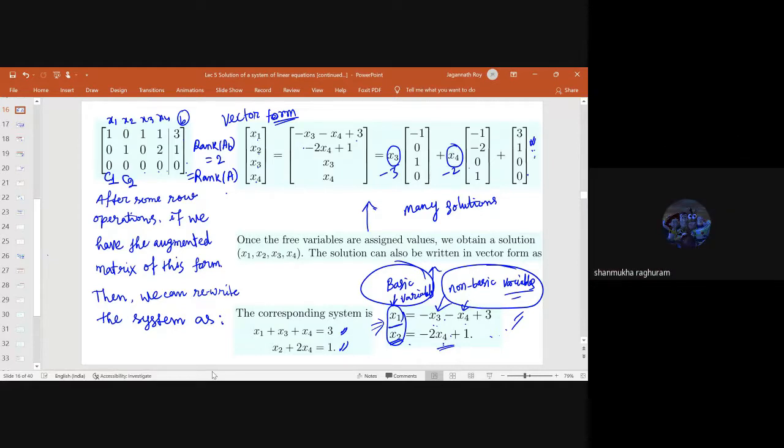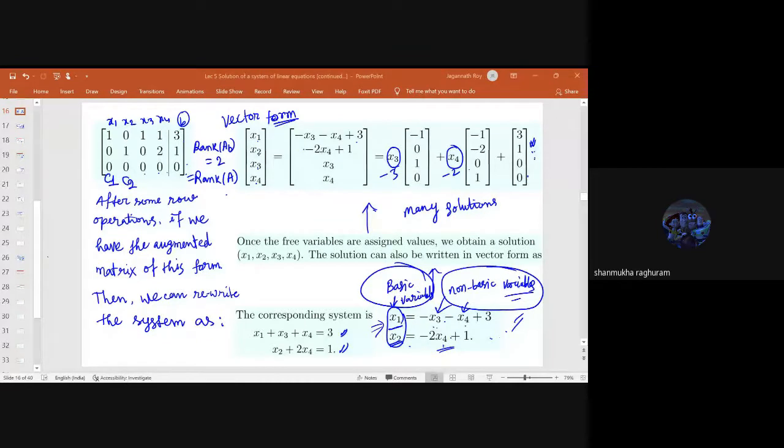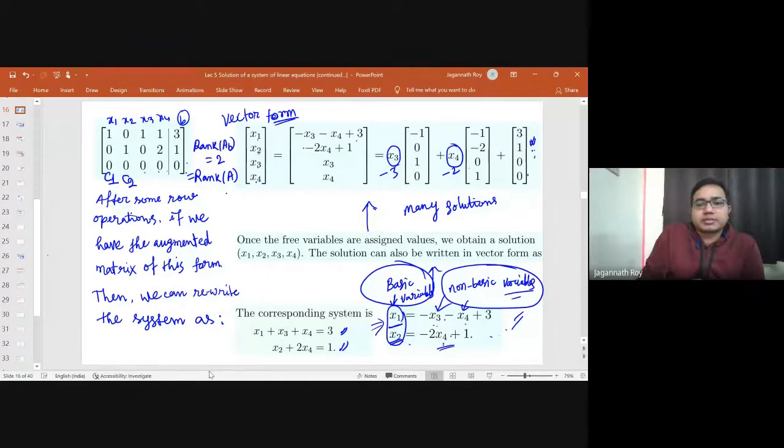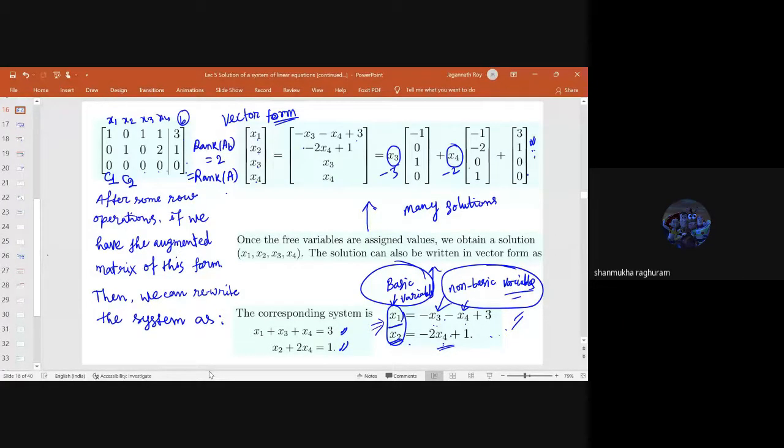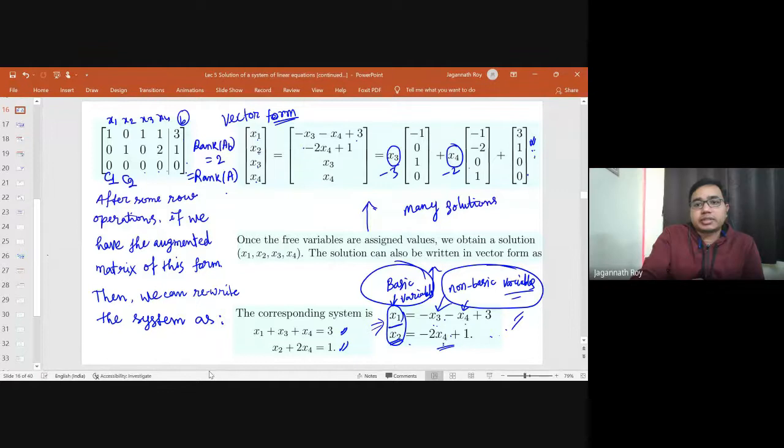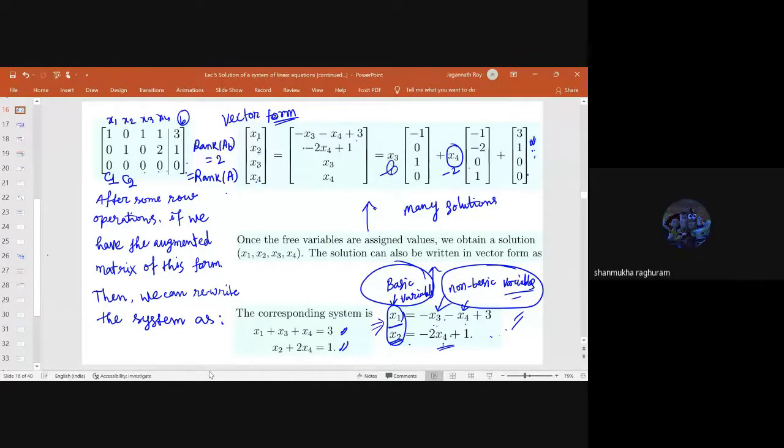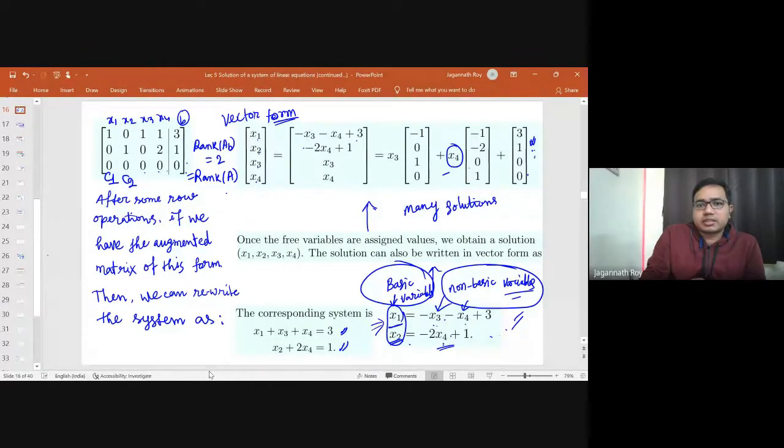Sir, if you take x3 as 1 and x4 also 1, then you get a whole new matrix, no, sir, after adding those? Yes, let us take it, no problem. This is also 1, this is also 1, right?